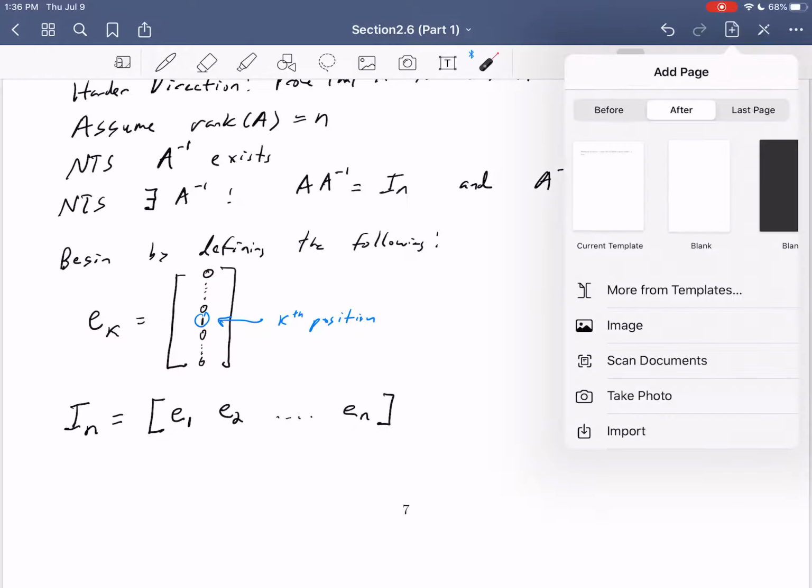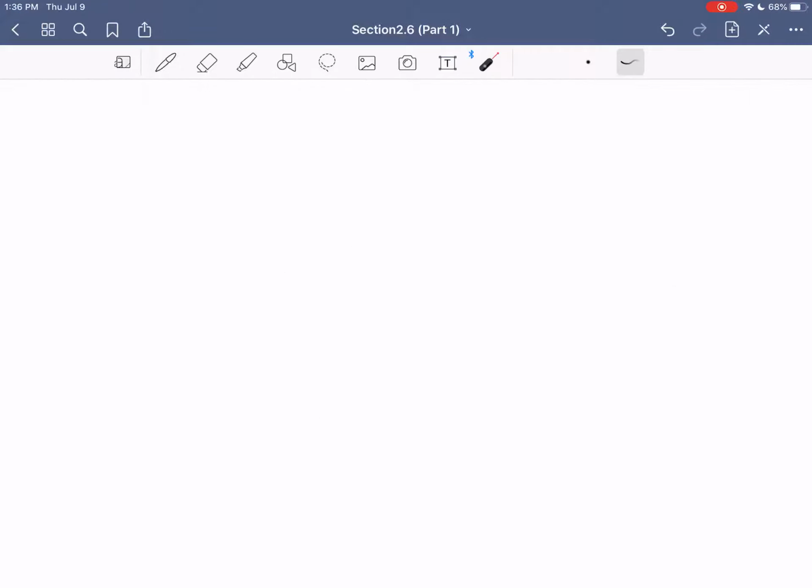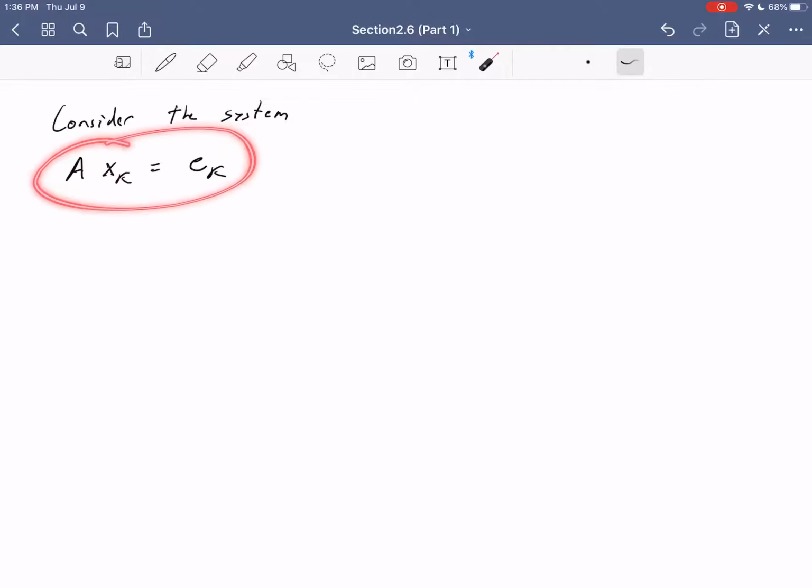Okay, let's give ourselves another page and continue on here. So now we're going to consider the system A times x sub k equals E sub k. So we're going to think about the system that uses our matrix A as the system coefficients and has system constants equal to E sub k.